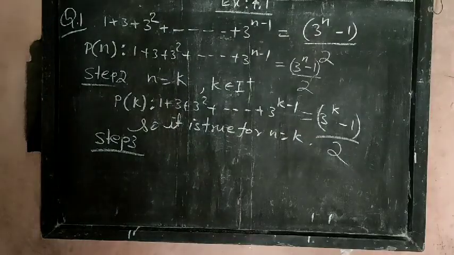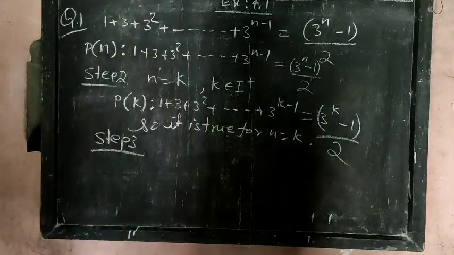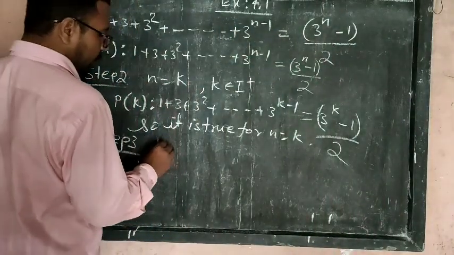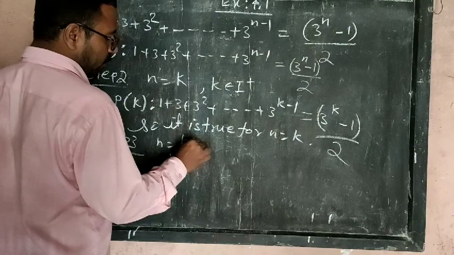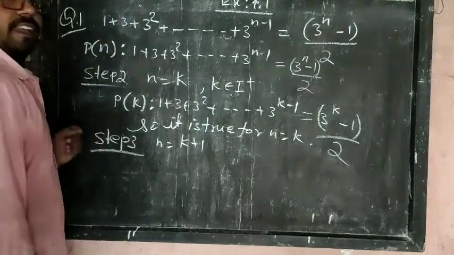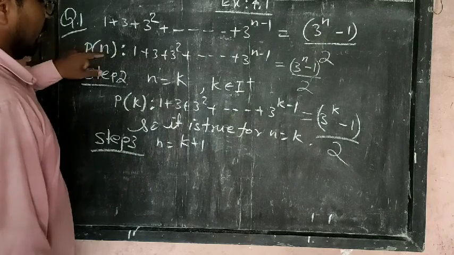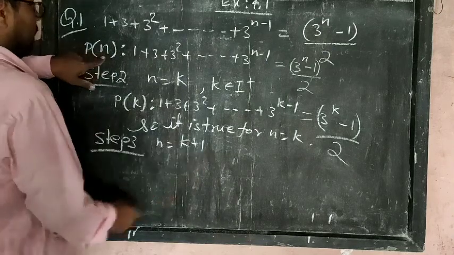So now students, let's proceed here. Step number 3. So step number 3 was there, students. We have to check it for n is equal to k plus 1. That means the given statement we have to write with k plus 1.